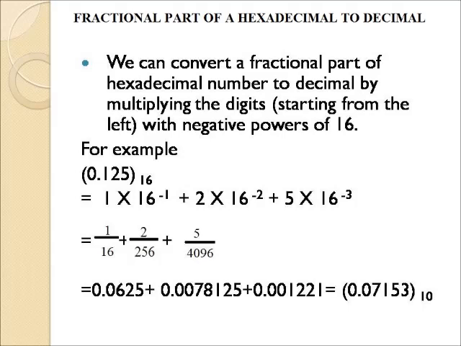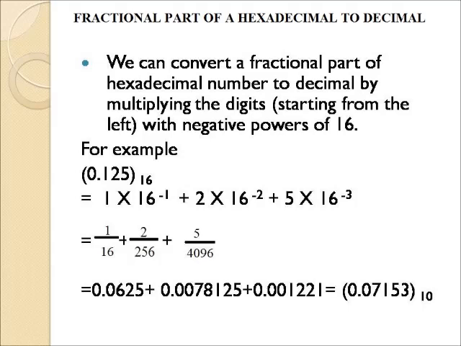Here you can see that 0.125 is the given hexadecimal number. As it is the fractional part, we are multiplying each digit of the fractional part with the negative powers of 16.